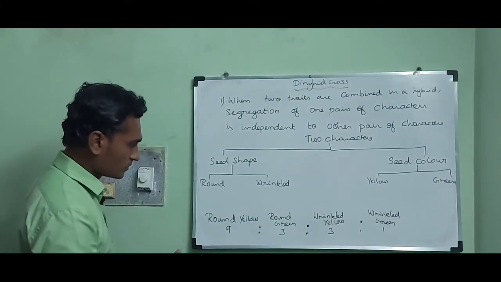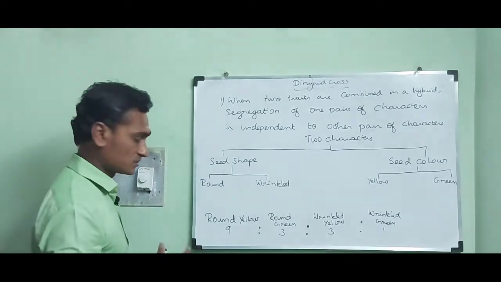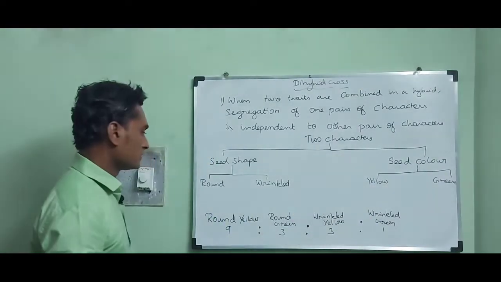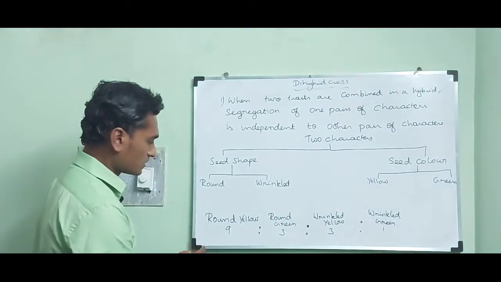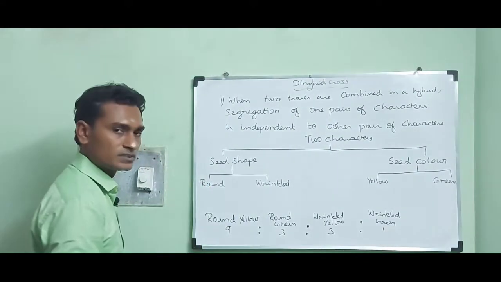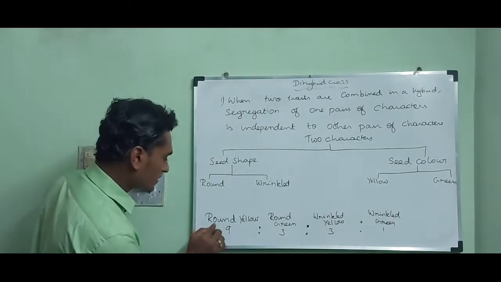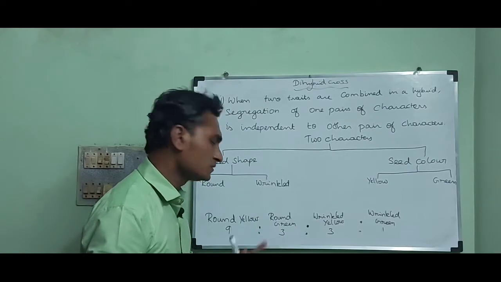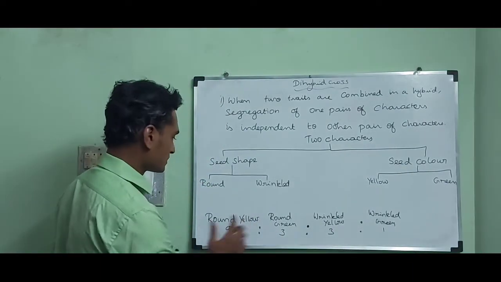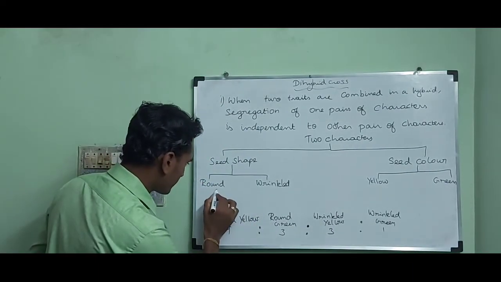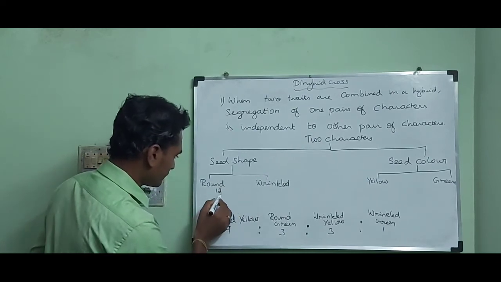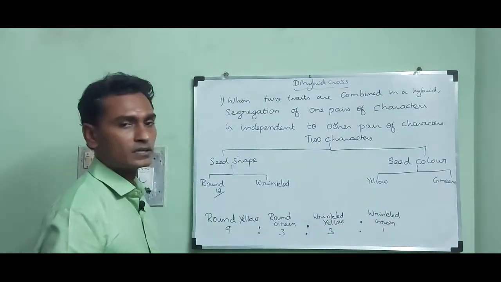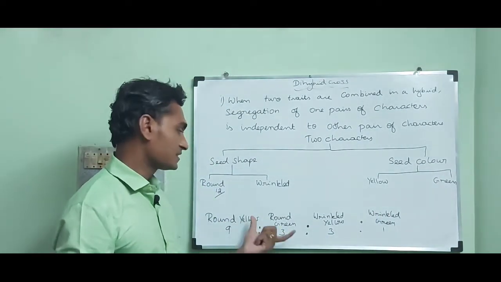So the phenotypic ratio of the dihybrid cross is 9:3:3:1. Now I am going to count the proportion of the round trait. Here we have 9 round and here we have 3 round. So 9 plus 3, 12 round traits. And in total we could obtain 16 young ones.